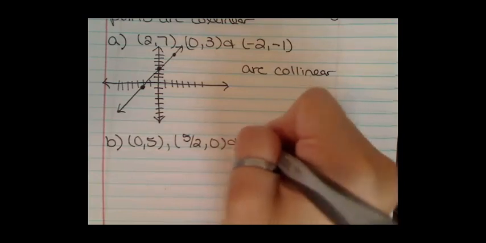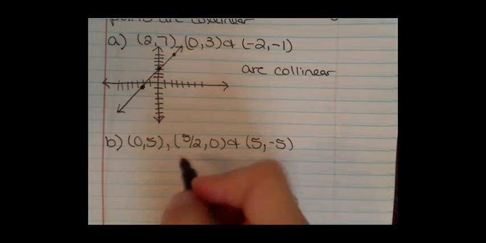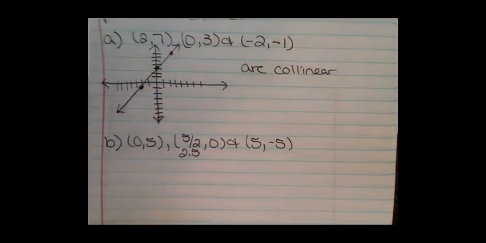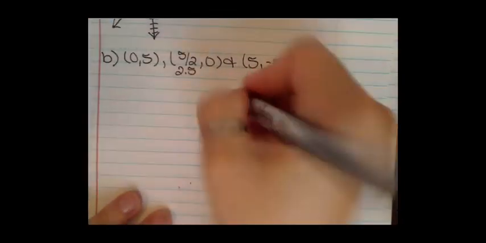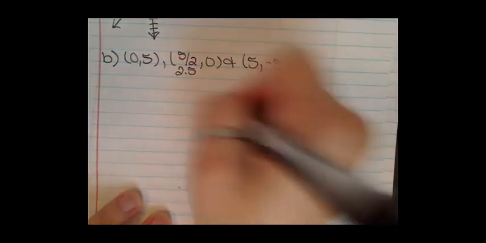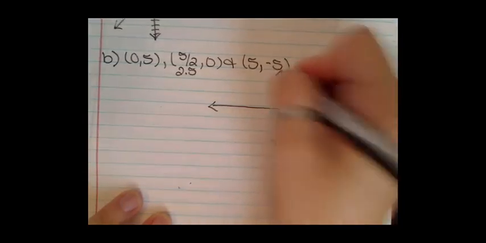For 5 over 2, let's think about that as 2.5. You can simplify that out into a decimal to make it a little bit easier to graph. So let's graph it. If you want to invest in graph paper, you can, but don't feel obligated to. You can do graphs like this, and then on your homework, I'll show you in a minute how you do it there, and it's actually really easy.